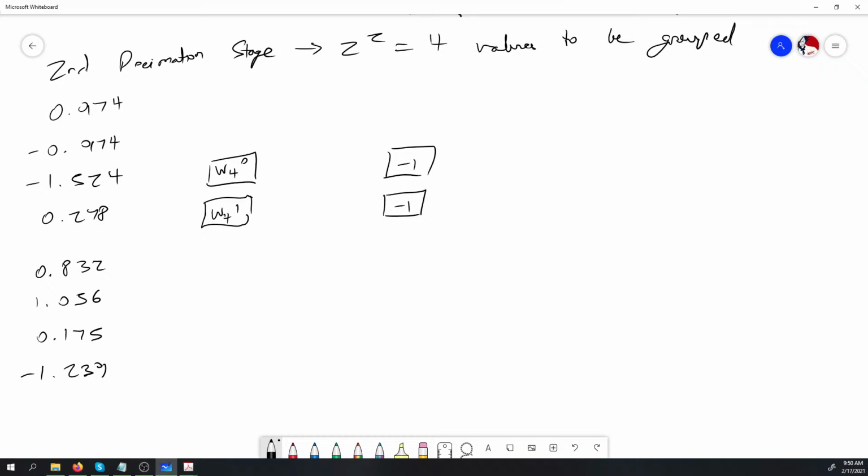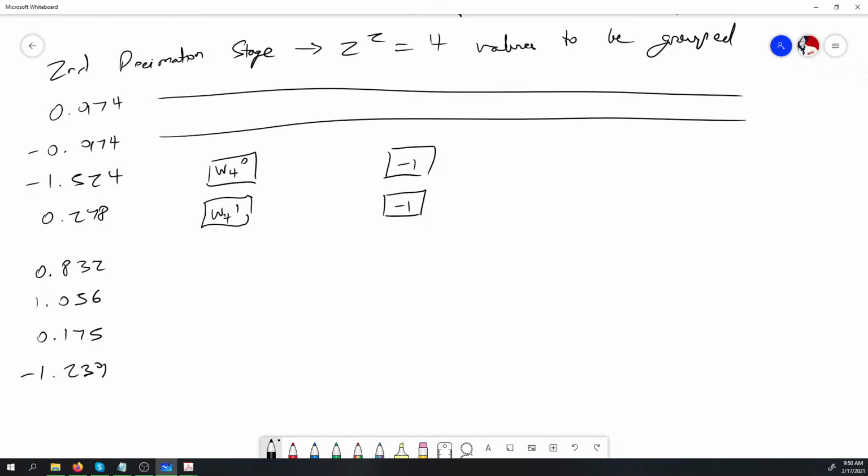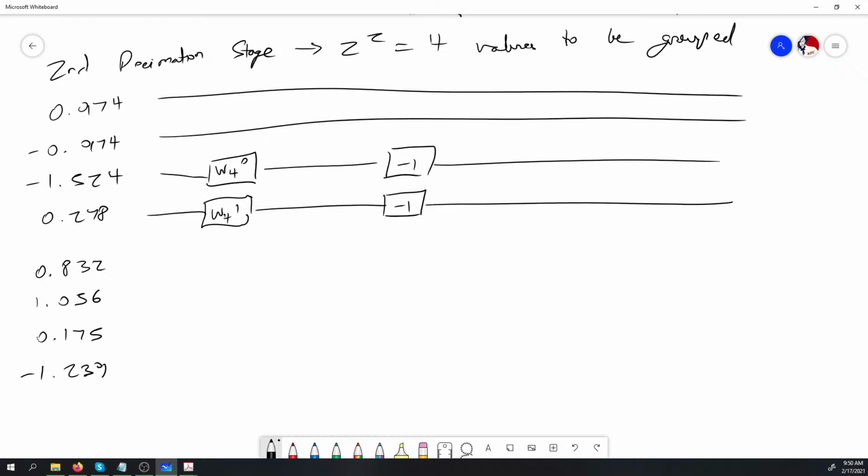Right. So we can draw our lines going across here, each one of these values, to start formulating our butterfly diagram. And then we need to figure out which values in this grouping of 4 need to match. The first value that doesn't have any twiddle factors or negative ones needs to match with the first value that does have twiddle factors and negative 1 to formulate this butterfly.